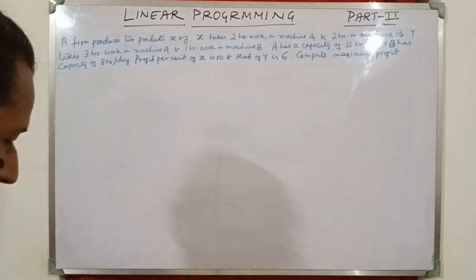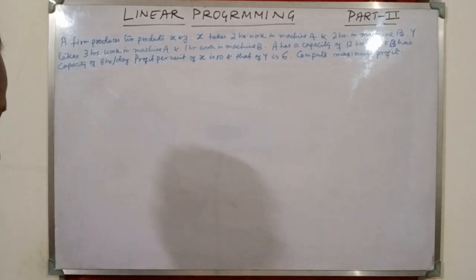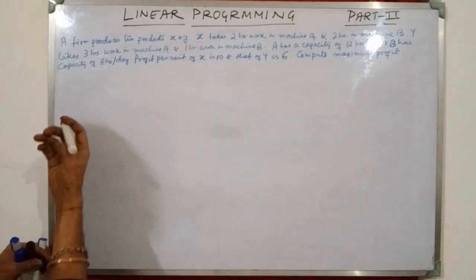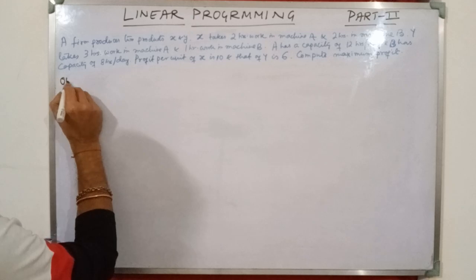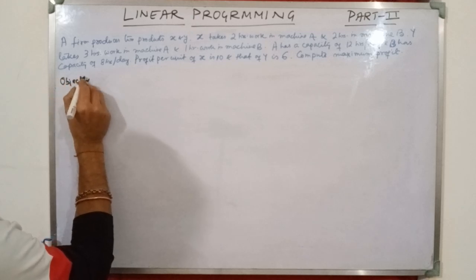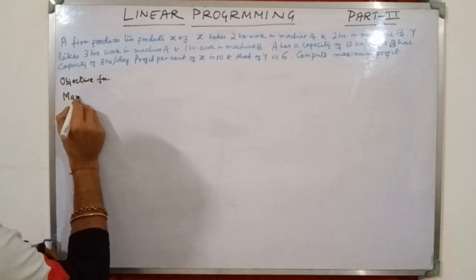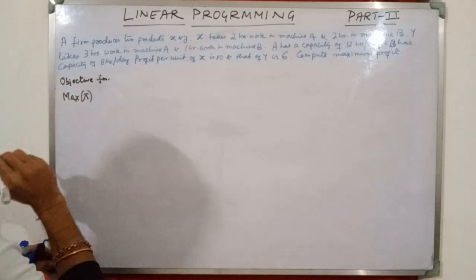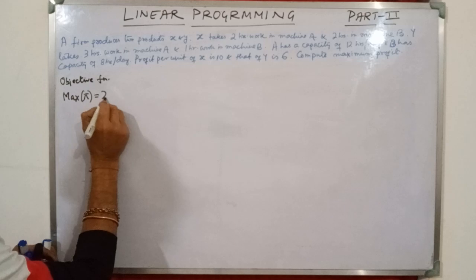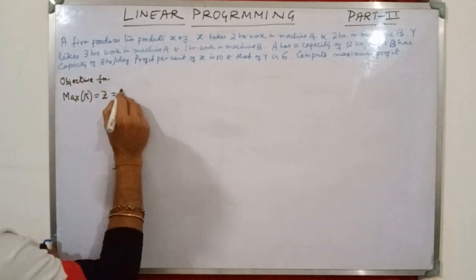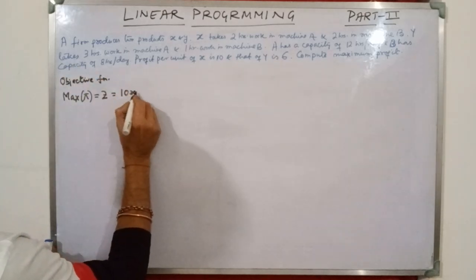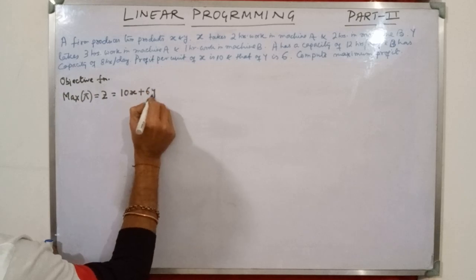So the objective function is: max profit, Z equals 10x plus 6y.